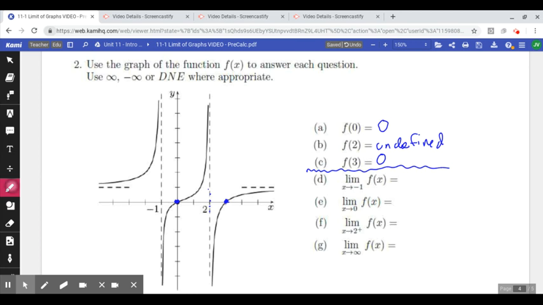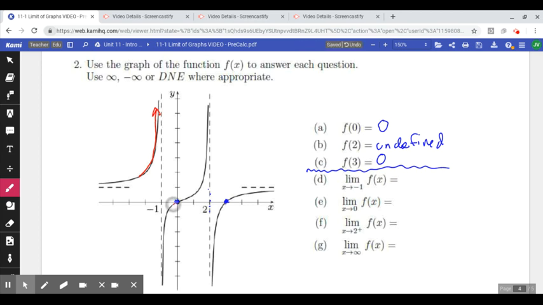Let's run through a few of the limit questions now. We'll take a look at the limit as x approaches -1. There's no plus or minus sign in that superscript position, so this is going to be a two-sided limit. Well, if we approach -1 from the left, the graph just continues up forever, or to positive infinity.